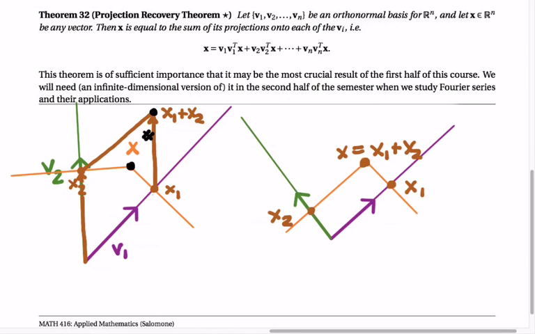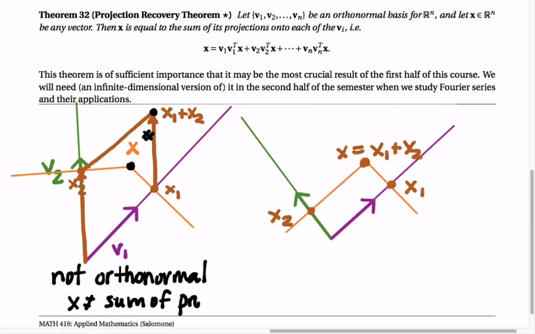The basis v1, v2 over here on the left was not an orthonormal basis, and so x was not equal to the sum of its projections. But in the example on the right, we did have a basis which was orthonormal, and so x was equal to the sum of the projections.